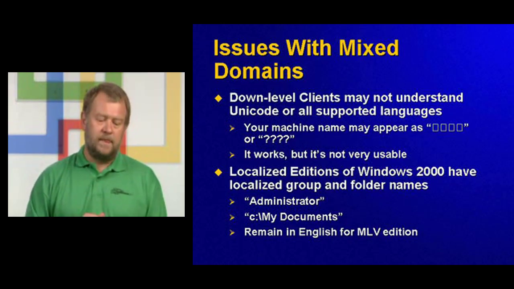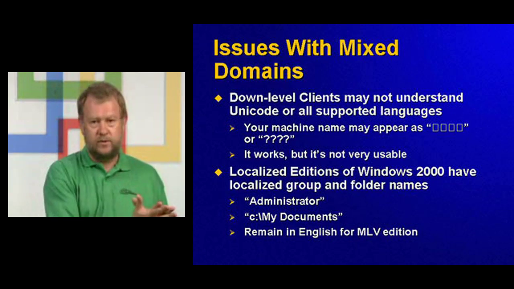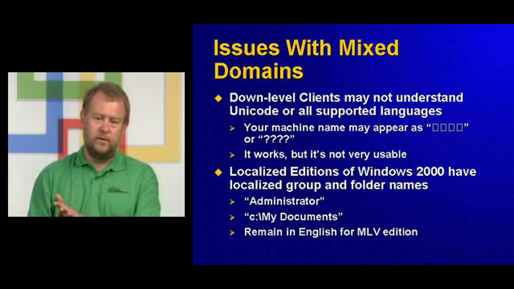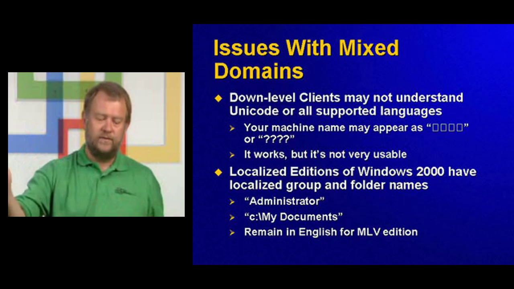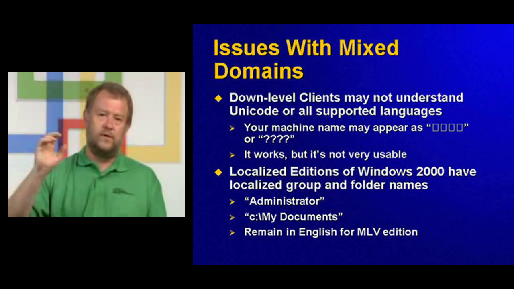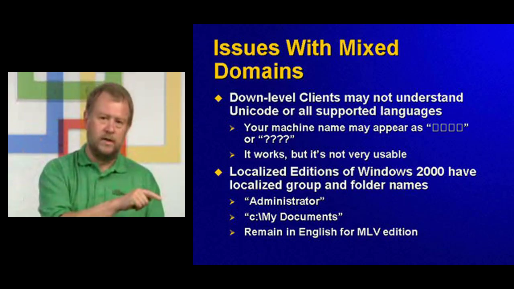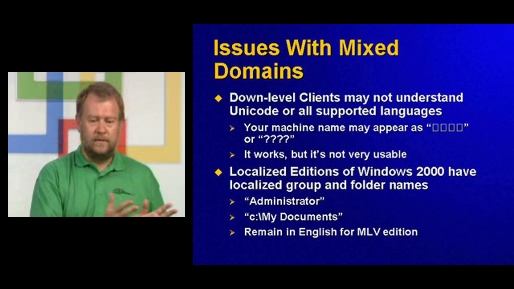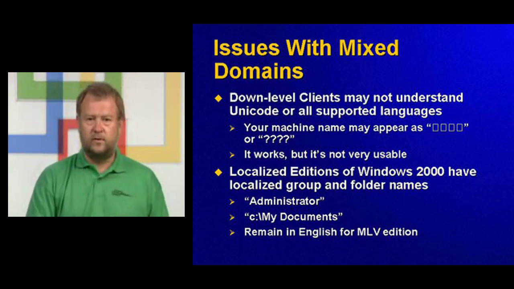Because if you have a domain with mixed clients, you have a Japanese Windows 2000 and German Windows 2000 and Danish Windows 2000, they may have different names for My Documents and for Program Files and so on. And if you have a roaming user go from one to the other, then you can have issues with that, where you have different names on the different localized versions.